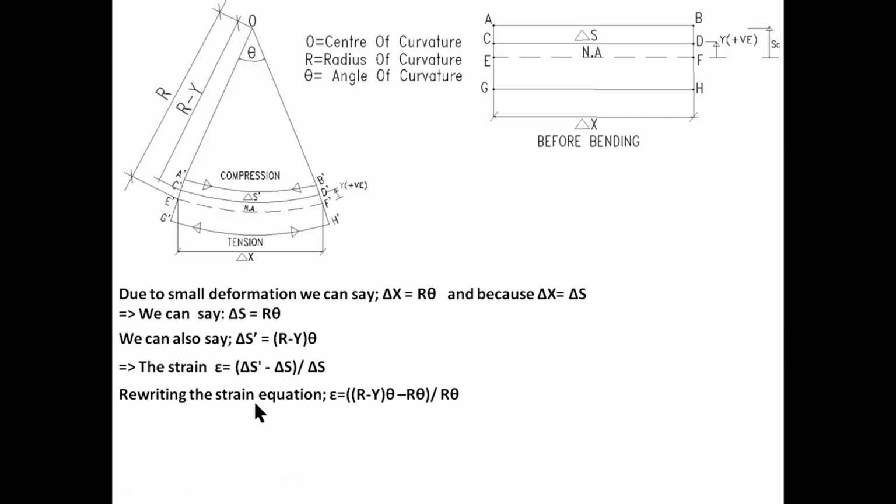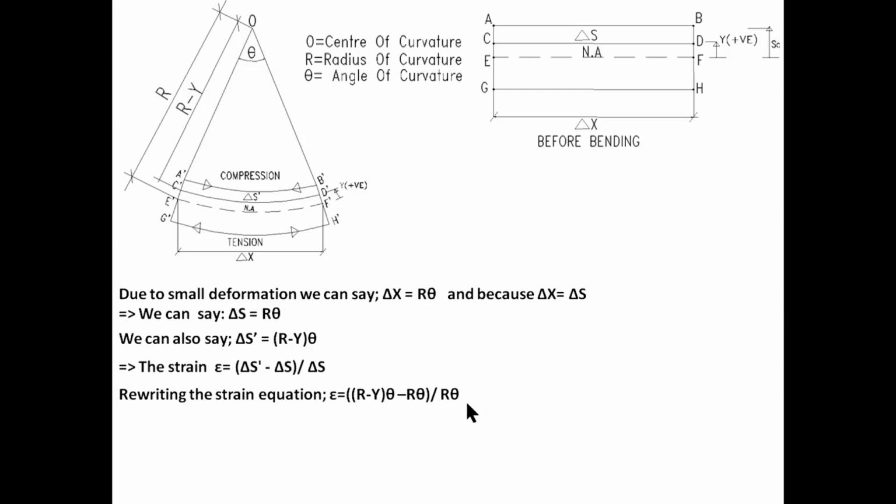We can rewrite the above strain relationship in terms of y and the radius of curvature R, and say epsilon is equal to (R minus y) theta minus R theta, divided by R theta.